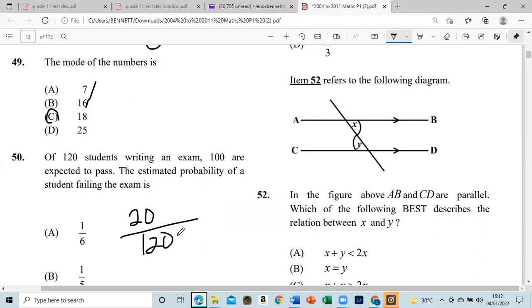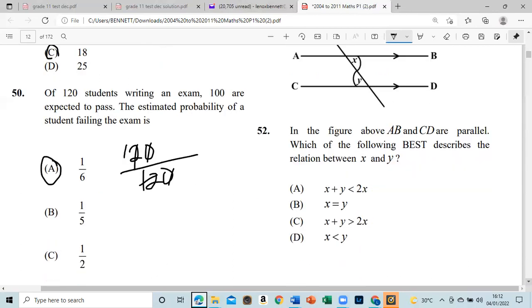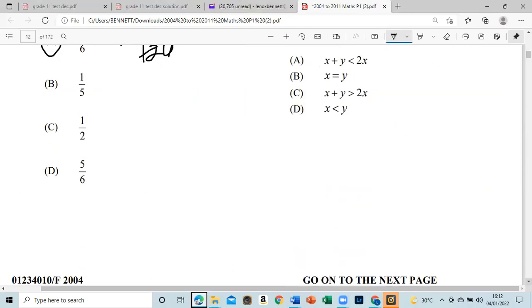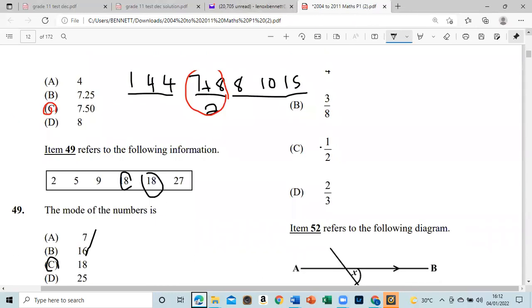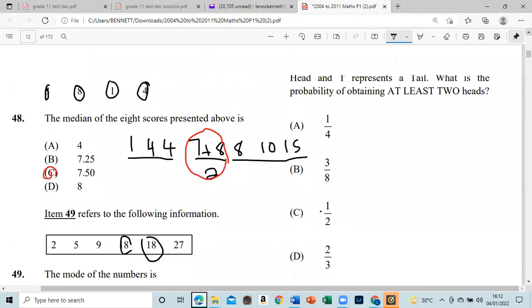Break it down by 10, that's 1 over 6 expected to fail. I expect you guys to pass. Alright, so let's move on to the next one.